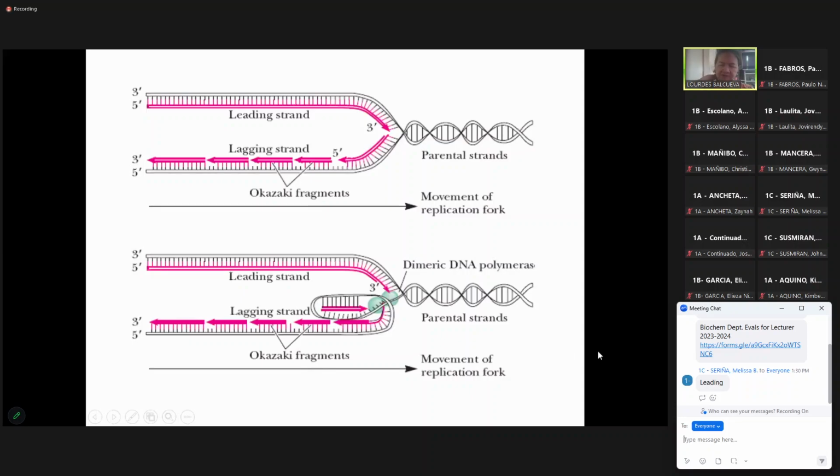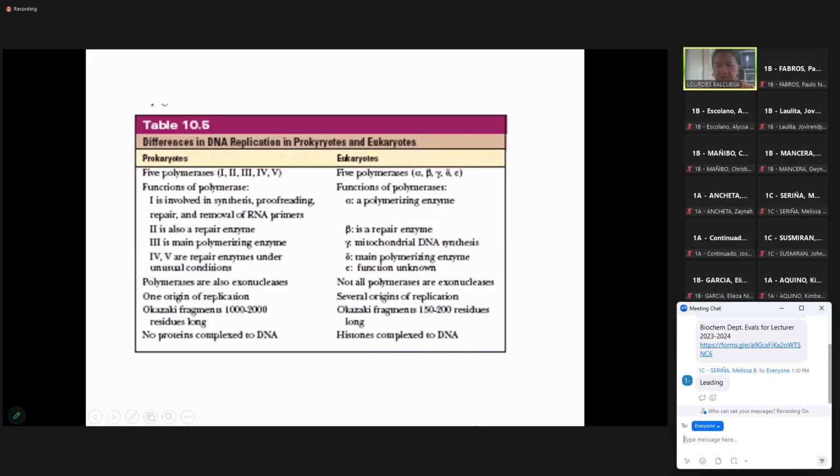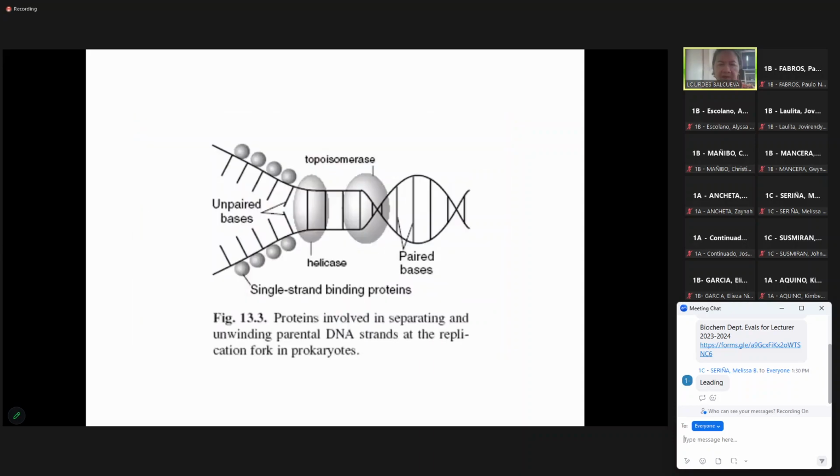Any questions? These are the parent strands that have not been opened, no? Pareho lang yan. Now, what is topoisomerase?